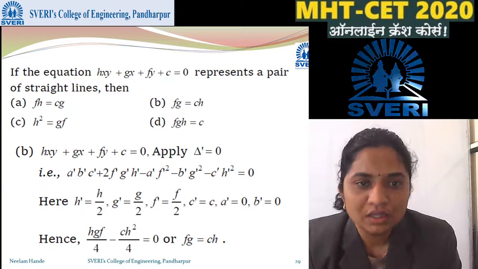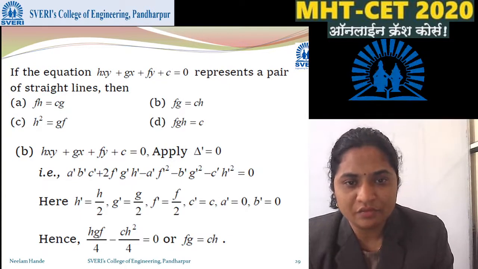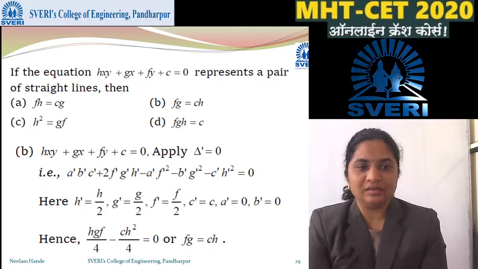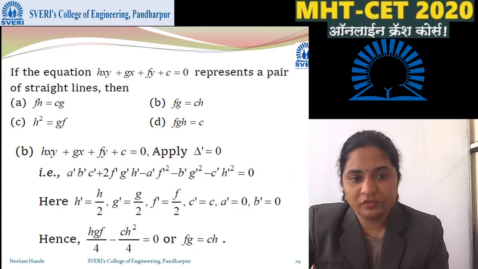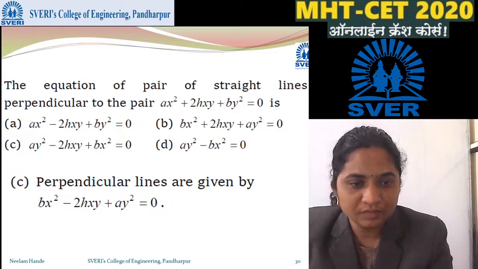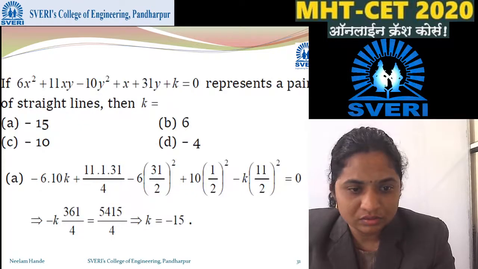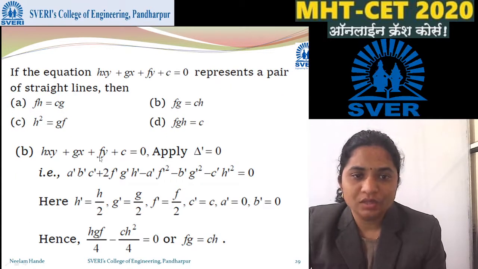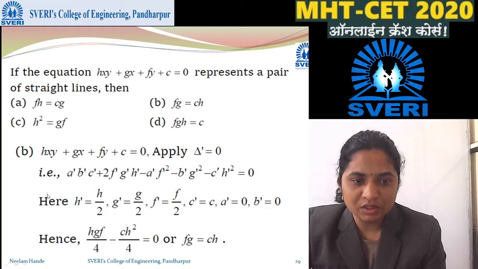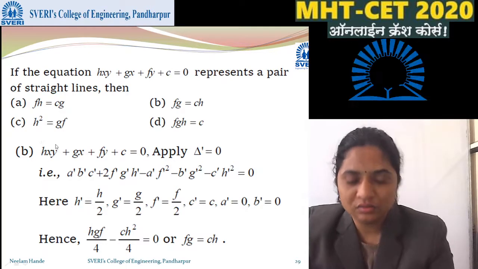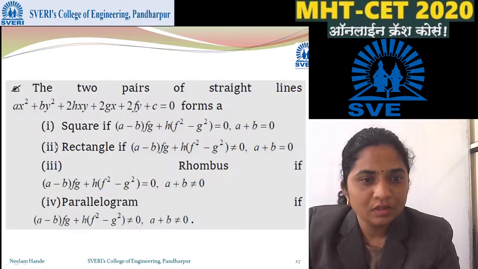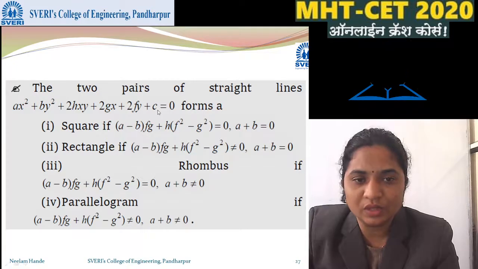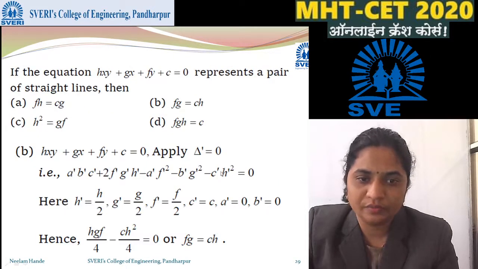If the equation hxy plus gx plus fy plus c equal to 0 represents a pair of straight lines, then, okay, now a very important formula I have to tell you here, that we call delta. If there is any equation, we compare it with ax square plus by square plus 2hxy plus 2gx plus 2fy plus c equal to 0, right?